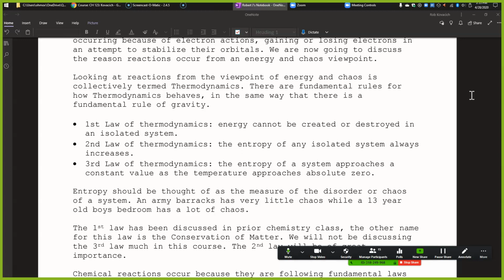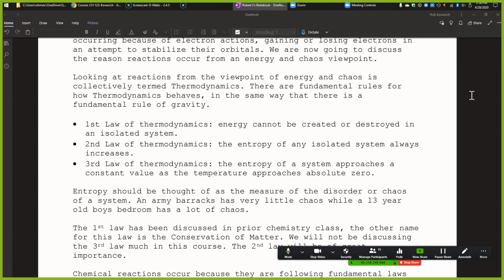That first law is about enthalpy, and enthalpy is energy. We did discuss enthalpy before. We briefly talked about entropy, which is basically a measure of the amount of chaos. The important thing to remember is that it measures chaos. So the more chaos there is, the more entropy there is. The more organized something is, the less entropy there is.